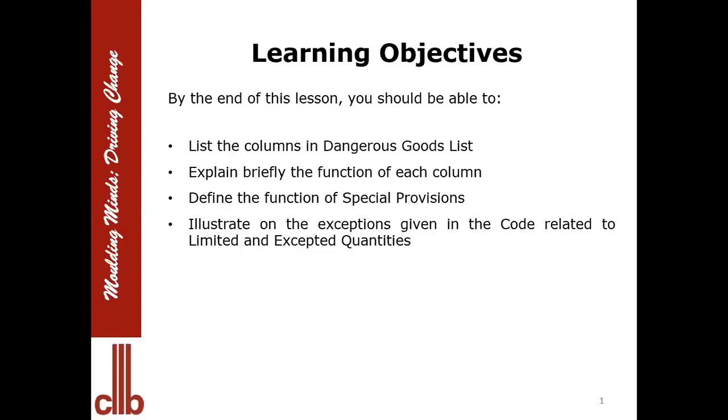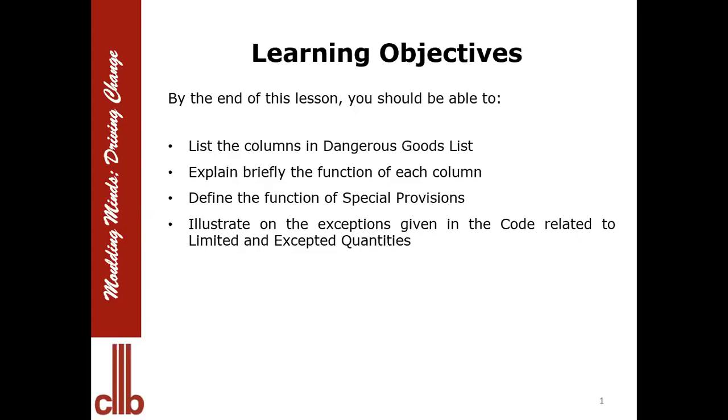That means based on certain conditions in the special provision, if your product meets these conditions, it may not even be declared as dangerous goods. It could be outside the realm of dangerous goods. Or a special provision might ask you to provide additional information, and if you don't follow it, you can be penalized. So that's why it's important, and I'm going to draw you to it.